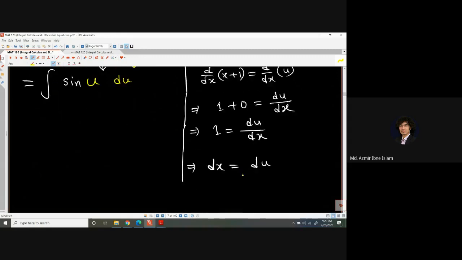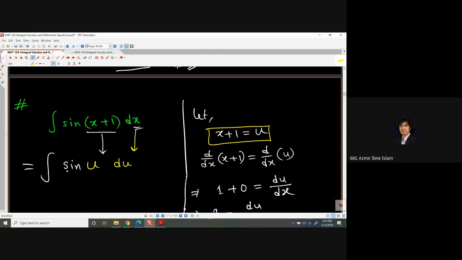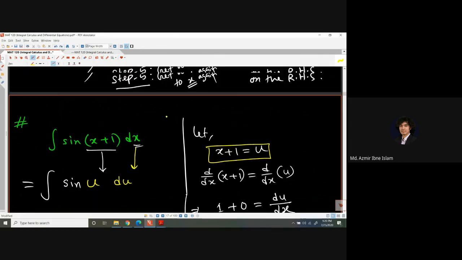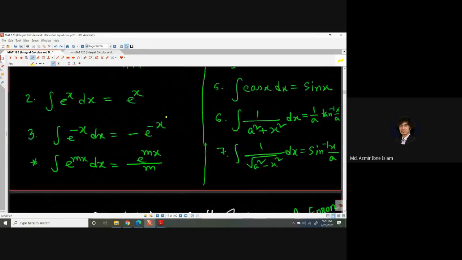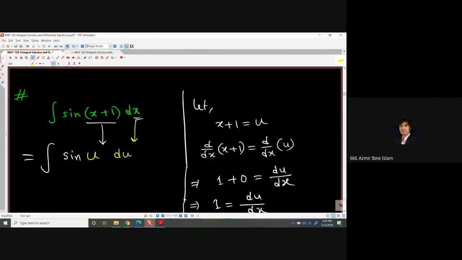Now we have the integration of sine u du, which matches one of the basic formulas: integration of sine x is equal to negative cosine x. So obviously integration of sine u will be negative cosine u.